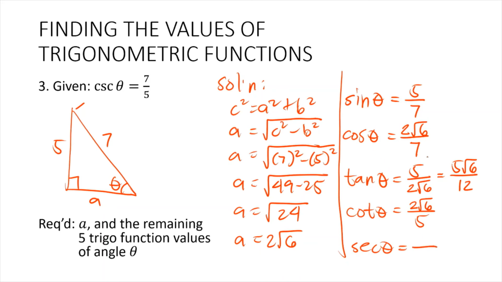So 7 divided by 2 square root of 6. So rationalize, we get 7 times square root of 6 divided by, so square root of 6 times square root of 6, that would be 6 times 2. So over 12. Okay.